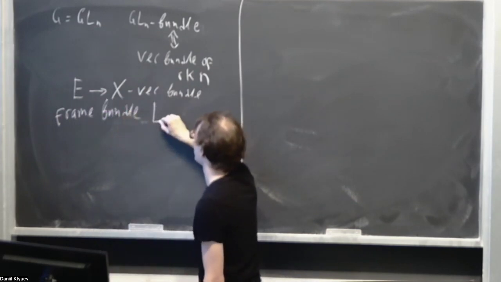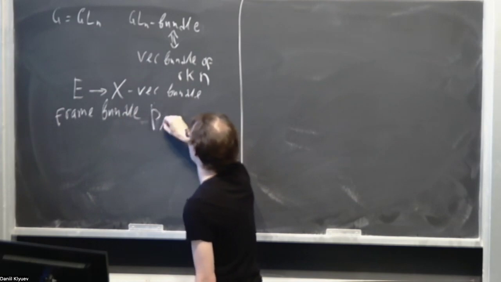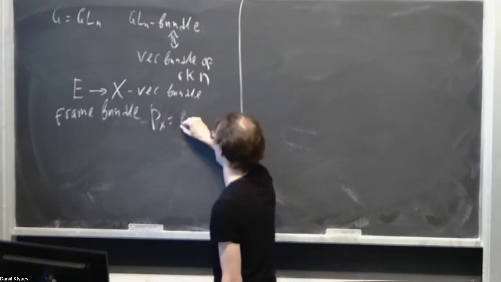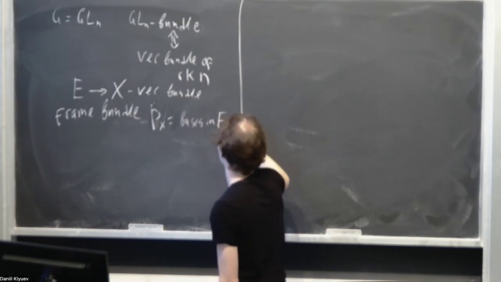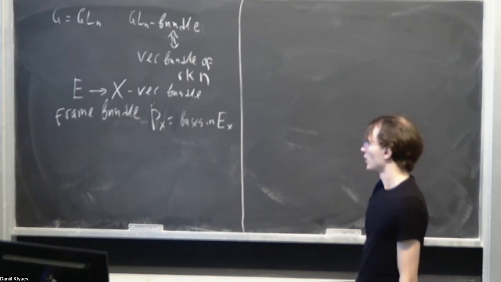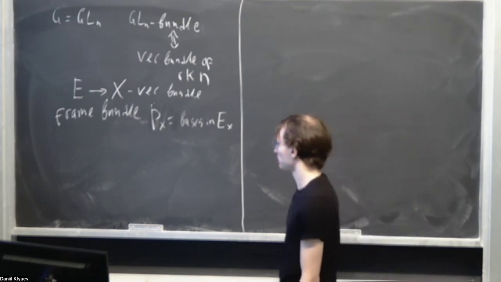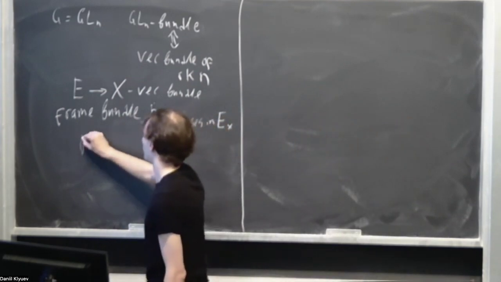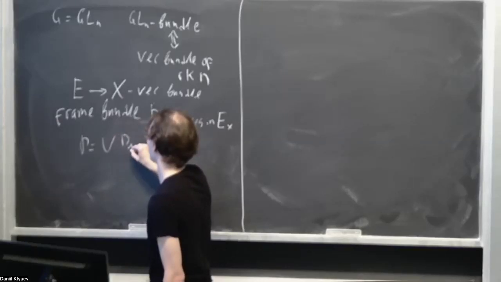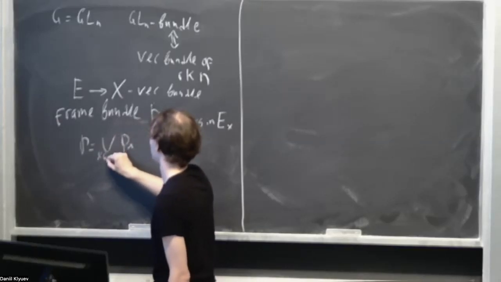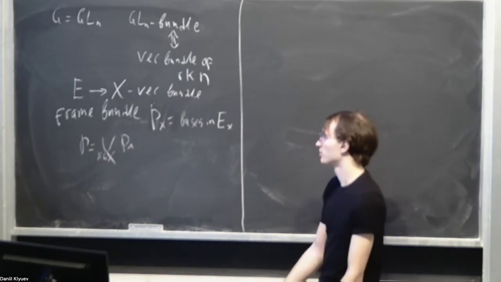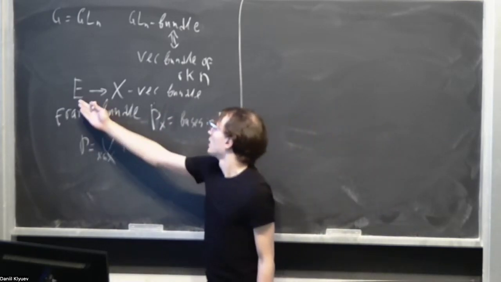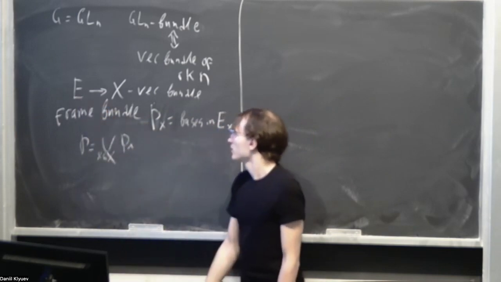At each point you have P_x equal to all possible bases in E_x, and then P is the union of P_x over all x in X, and you can topologize it using the fact that vector bundles are locally trivial.